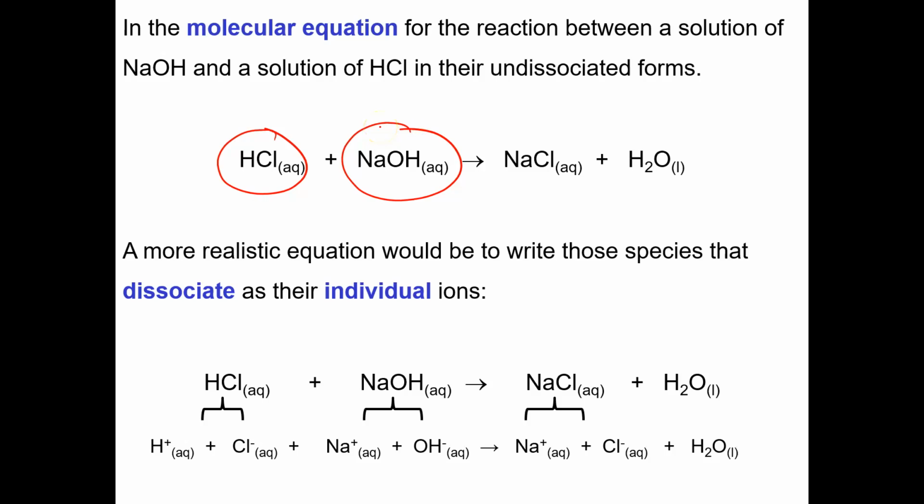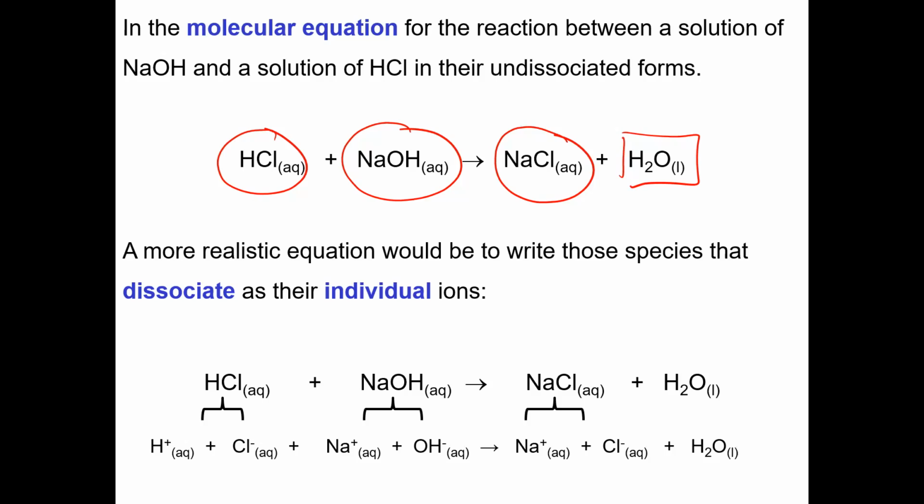The base is written in its undissociated form, even though we know it dissociates completely in water. The ionic compound that is formed is also written in its undissociated form, even though we know that it dissociates into ions when dissolved in water. Of course, water molecules do not dissociate into ions.